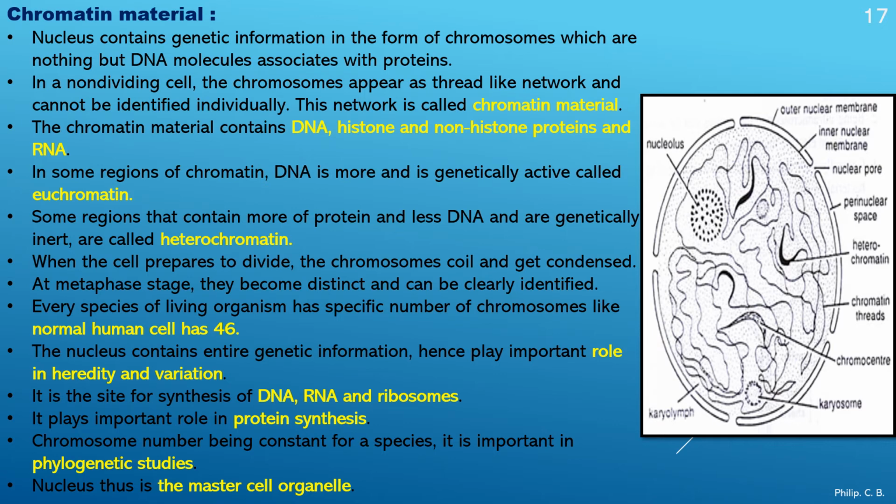For example, for human beings, what is the number of chromosomes present? It is 23 pairs. So in each species it is constant. And what is our main terminology here? Phylogenetic study. So it can help in finding the phylogenetic relationship from our earlier genes, earlier DNA which was present, or evolutionary studies can be done.